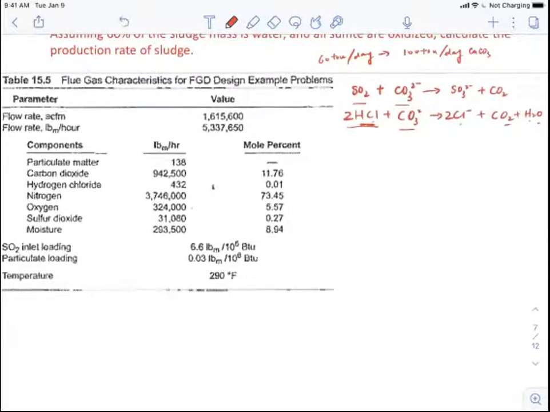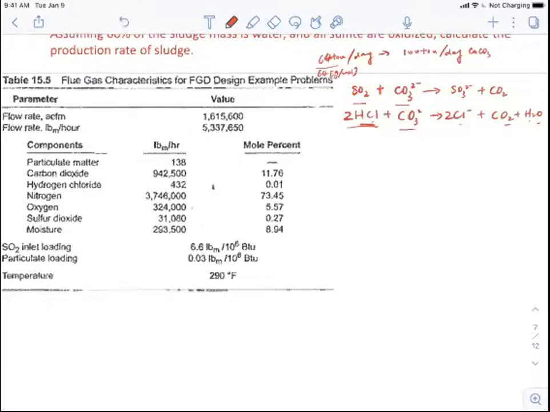That is done by dividing the mass by the molecular weight, 64 grams per mole. So we need to find out the molar flow rate for the sulfur dioxide.